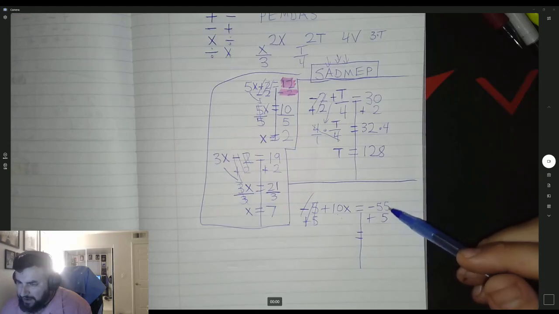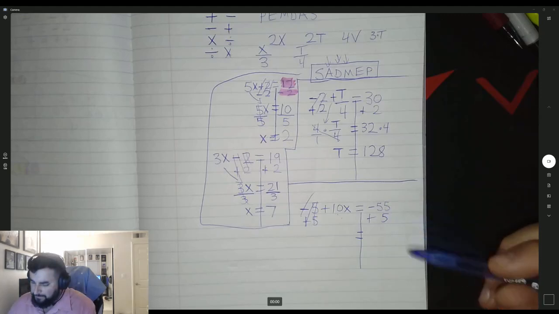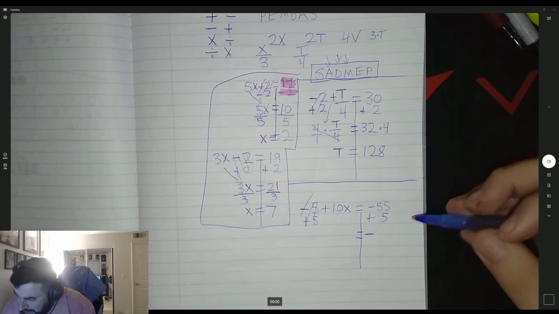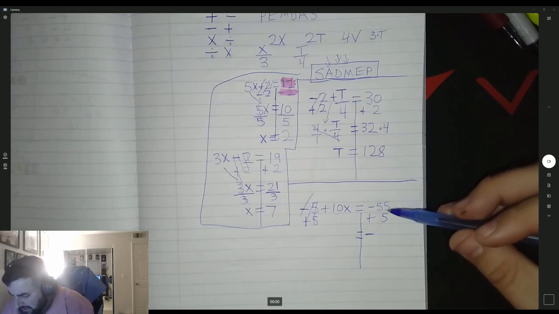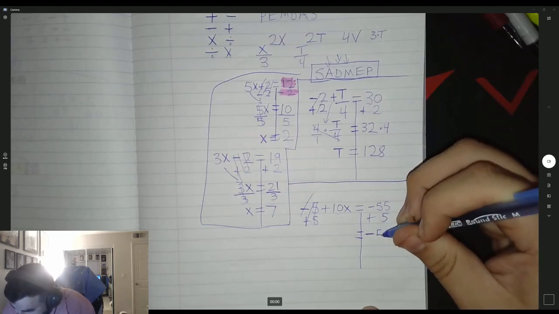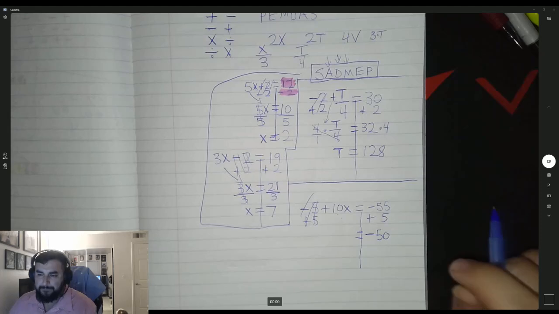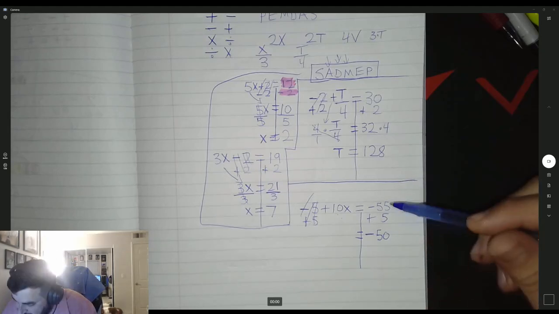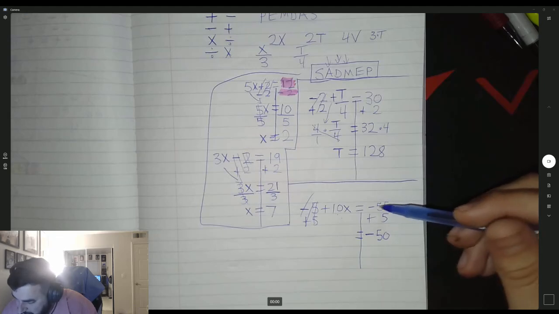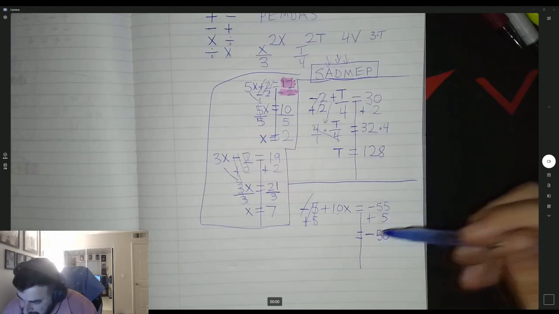But there's a lot more negatives, so who's going to win that fight? I think the negatives will win, so you put a negative symbol. And it's going to cancel 5 guys, so 55 minus 5 is going to be 50, so it'll be a negative 50. Okay? So remember, if the symbols are different, you subtract them. And the symbol with the more will win.